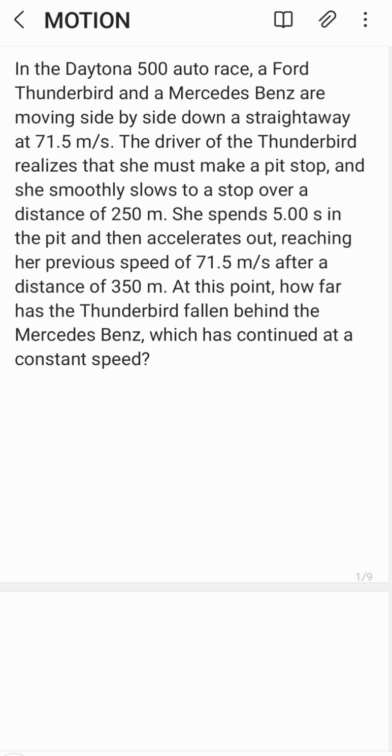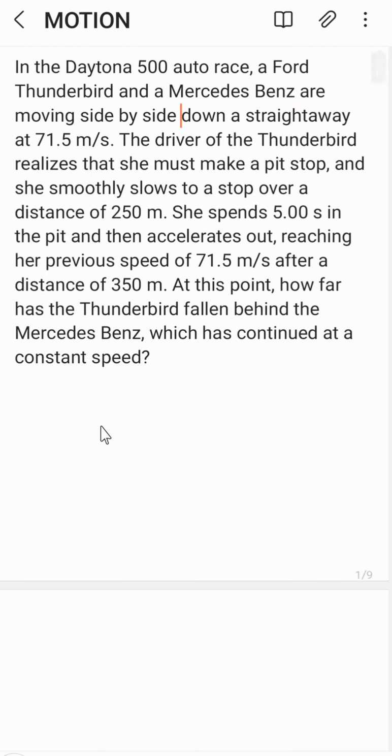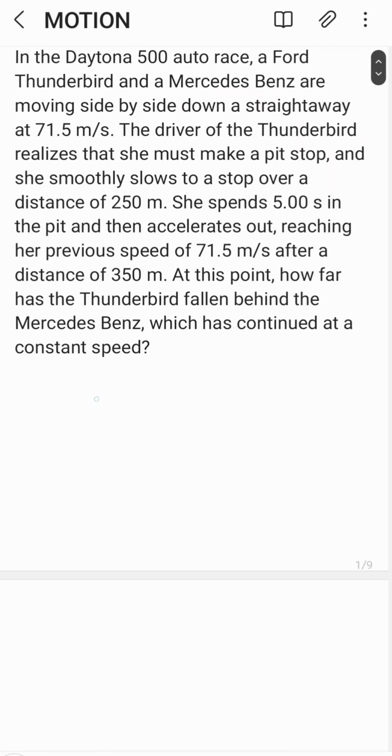In the Daytona 500 auto race, a Ford Thunderbird and a Mercedes Benz are moving side by side. So let's assume this is a Benz, and this is a Thunderbird.